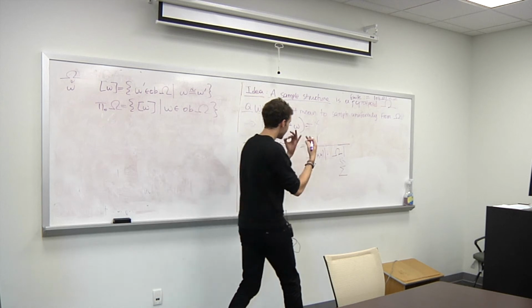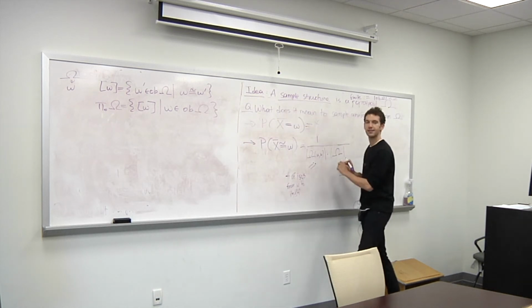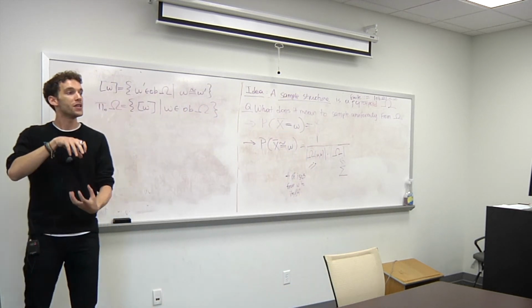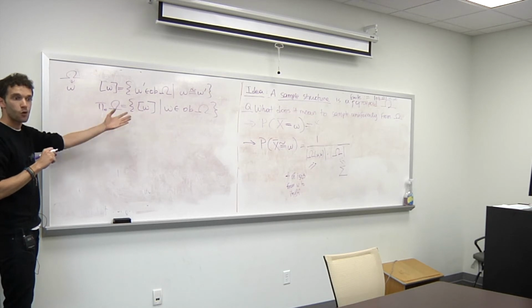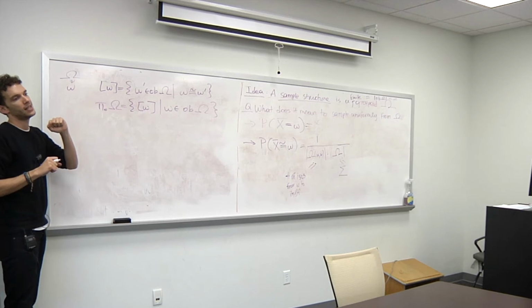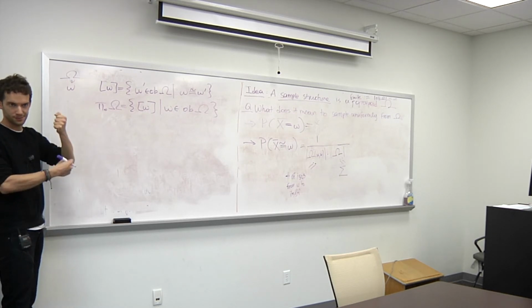So now, the structural size of this thing is going to be the number of isomorphism classes it has weighted by the number of automorphisms in there somehow.